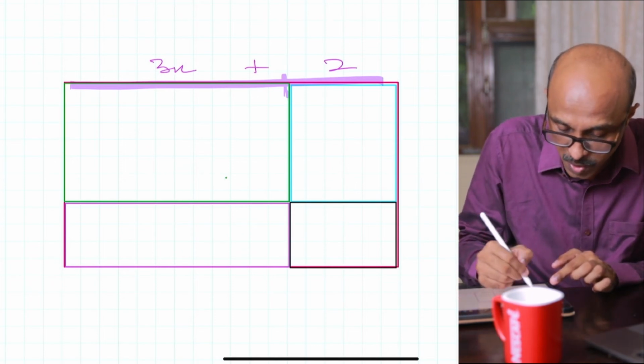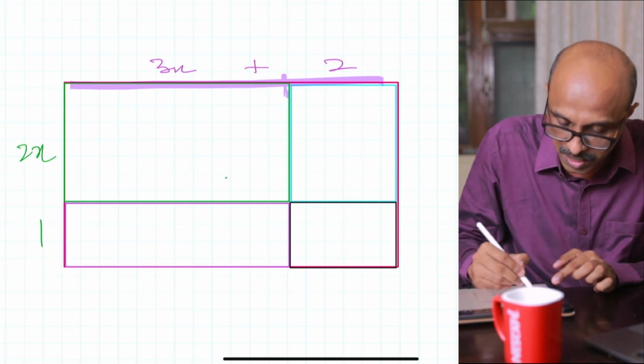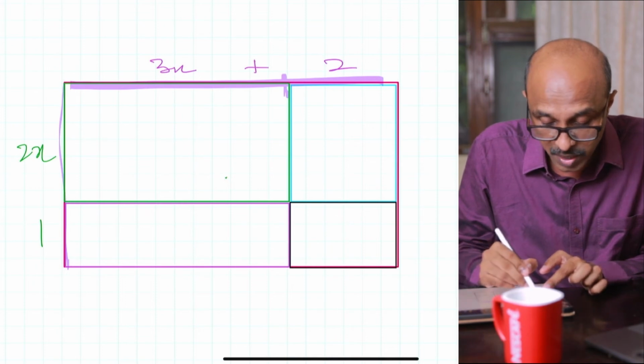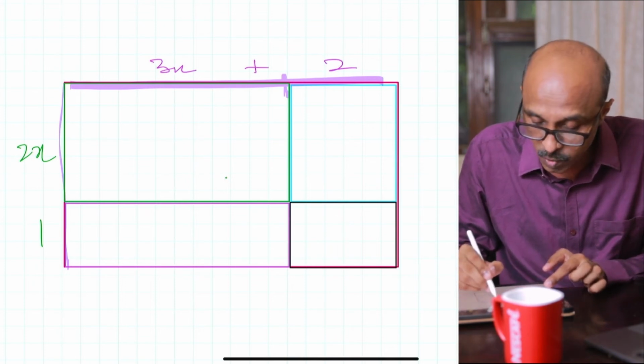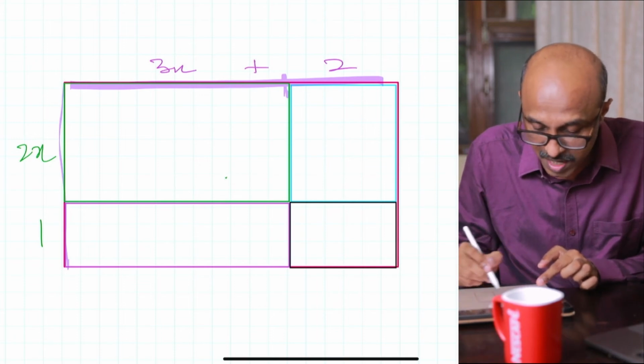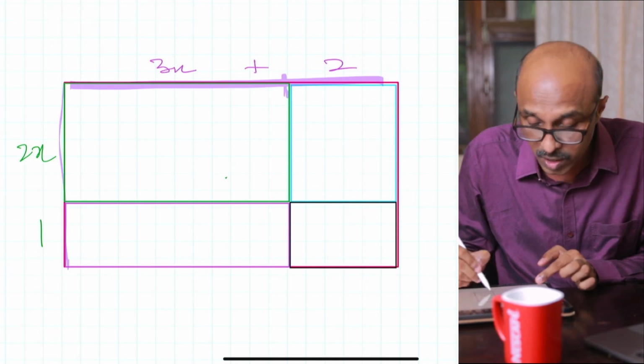And let's just say that the width of this rectangle here is 2x plus 1. The width of this larger rectangle is 2x plus 1. So we've got this piece, whose length is 3x and width is 2x. This piece, the width is 2x and the length is 2. This piece, the length is 3x and the width is 1. And for this piece, the length is 2 and the width is 1.